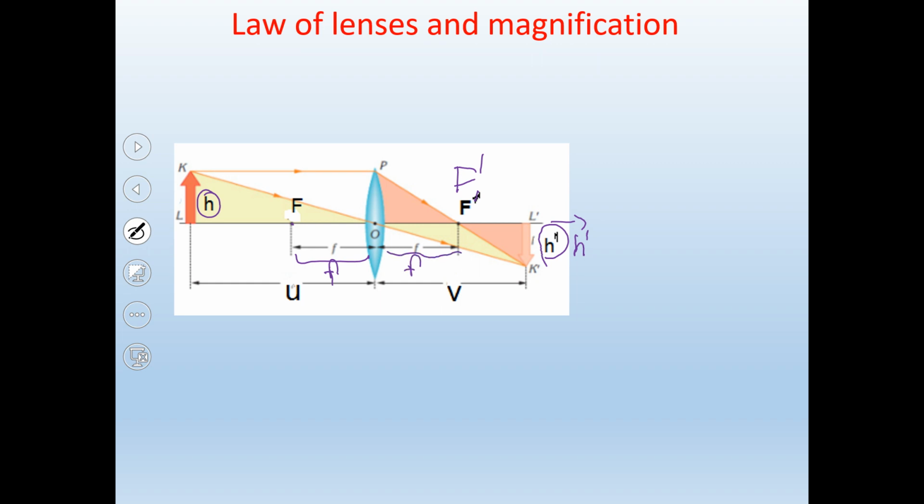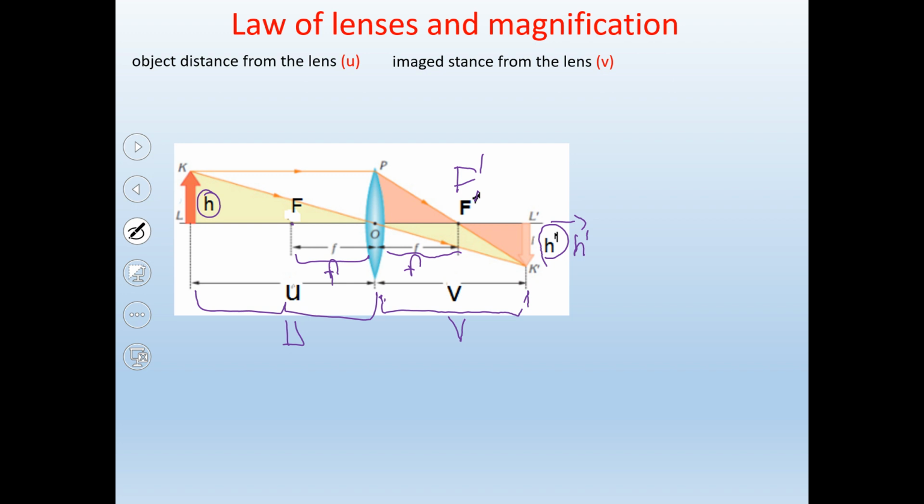Between the object and the lens we say U, and between the image and the lens we say V. Using the positions, the focal length, and the size of the object, we can find the size of the image using equations.